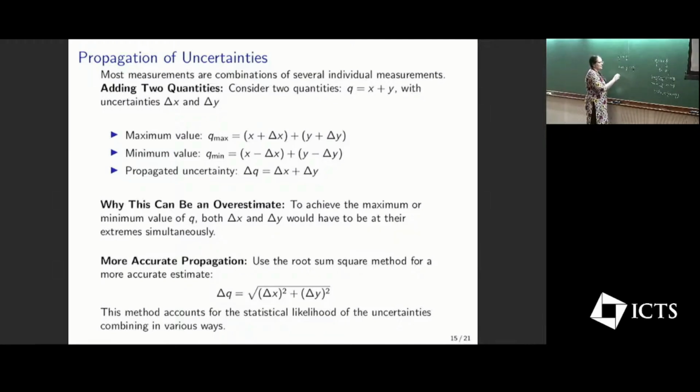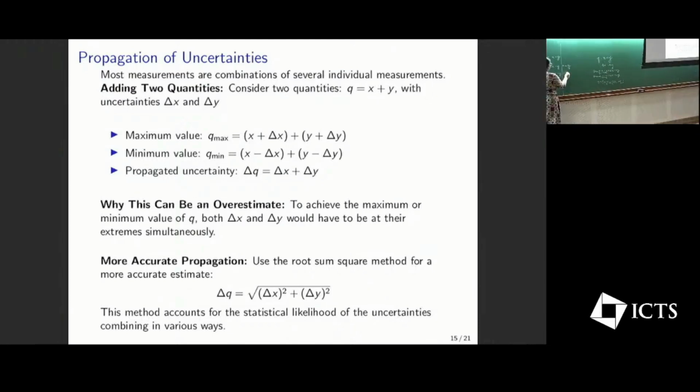And what is the smallest? The assumption is that delta x and delta y are positive numbers. Okay, I didn't say that. x and y may be positive or negative, but okay. So x minus delta x minus y plus delta y. Right, so in both cases, again you see that the resultant uncertainty is just the sum of the two uncertainties. Okay, you see that?